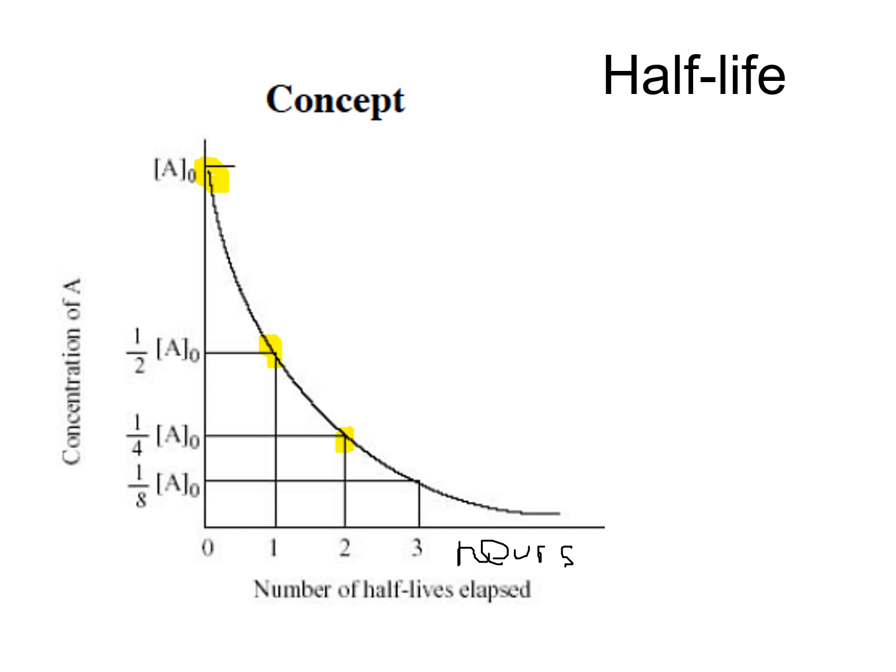So let's say that, for example, this was 1000. This would be 500. This would be 250. And this would be 125. Okay, so I start with 1000 grams. It takes me an hour to go down to 500 grams. Then it takes another hour to go down to 250 grams.